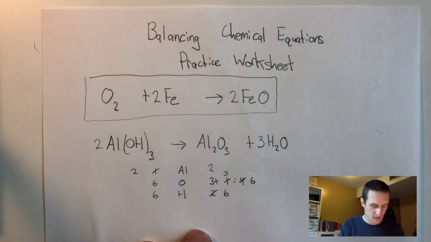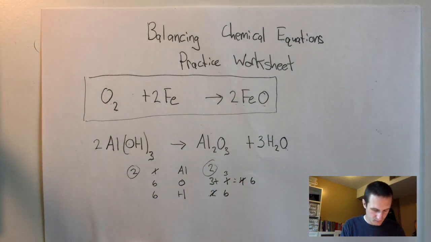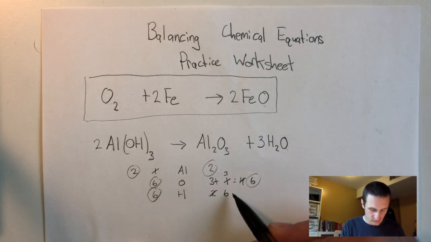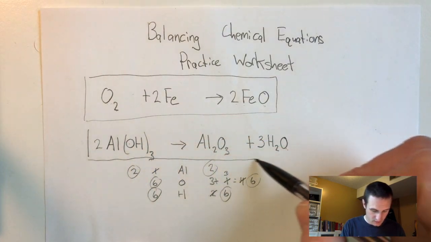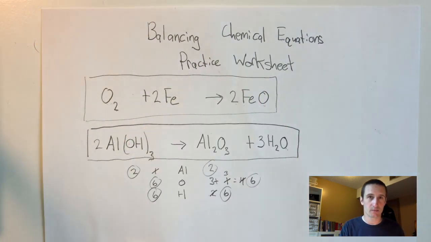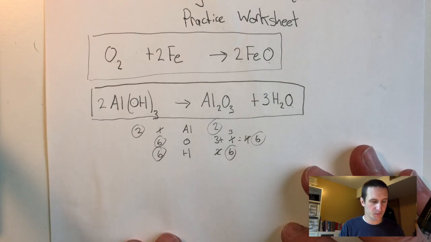And so now everything is balanced. 2 aluminum, 6 oxygen on both sides, and 6 hydrogen. You've got a balanced equation. We'll look at the next one.